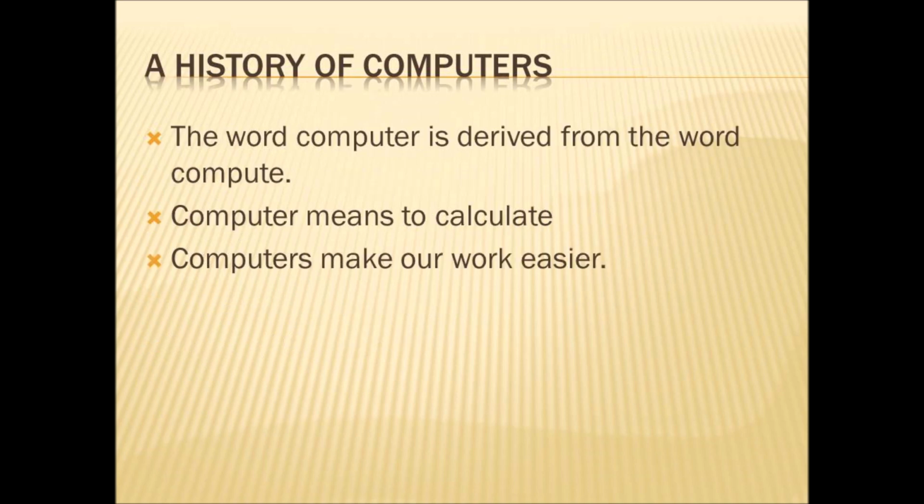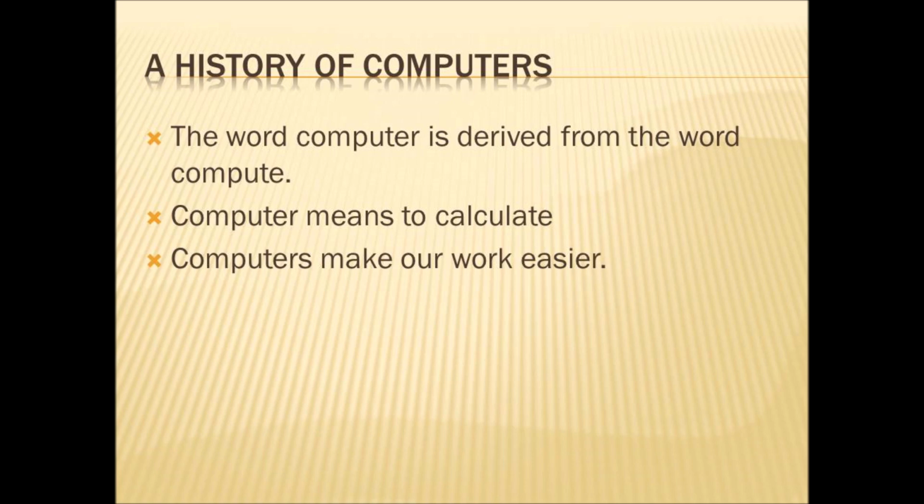Our first topic is a history of computers. Now we will see a simple history about the computers. The word computer is derived from the word compute. Compute means to calculate.